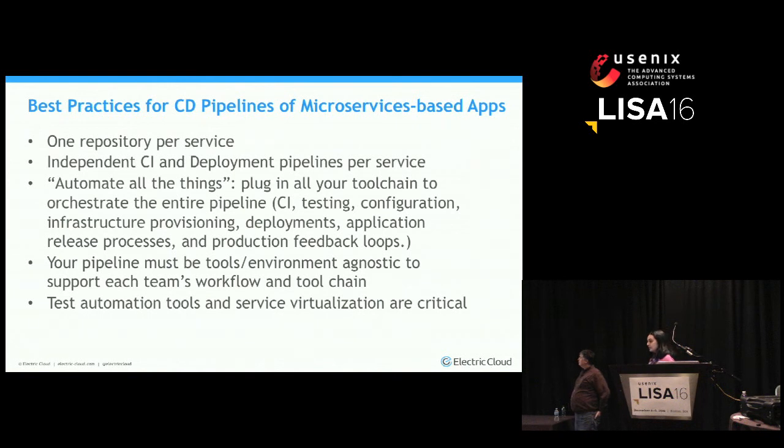You're allowing the different teams to use the tools they choose, but you want your pipeline to be more generic and able to push you through that process, but more data-driven and parameterized based on the microservice that's being deployed and then plugging into the correct tools. And then test automation tools, service virtualization. I think Anders touched on stubbing out the connections between services so you don't have that dependency on all services being up and available in order to do some light integration testing.